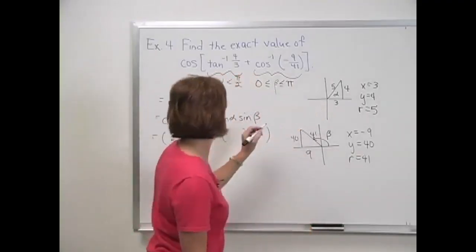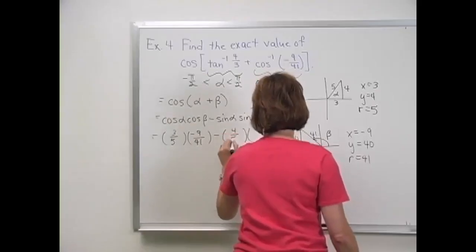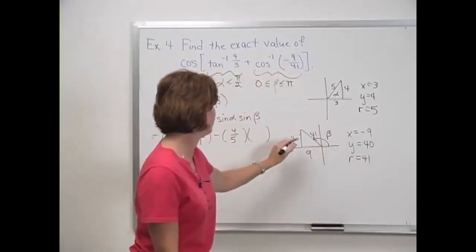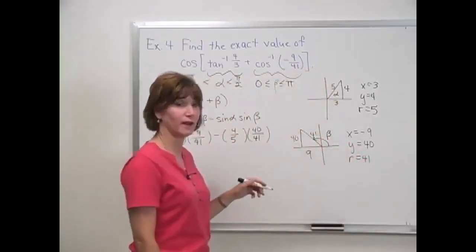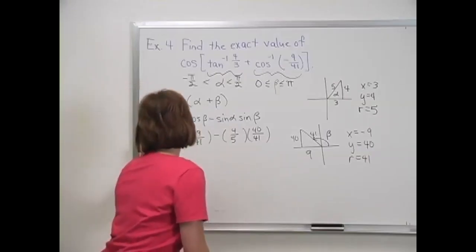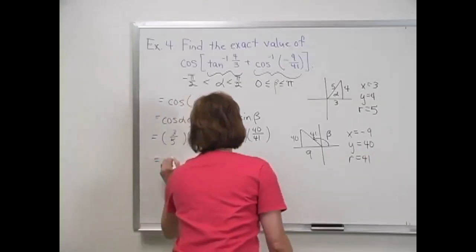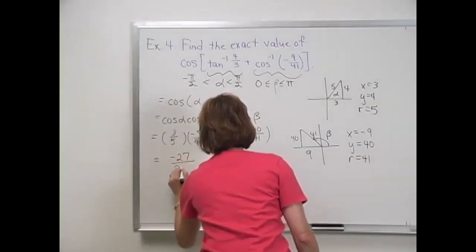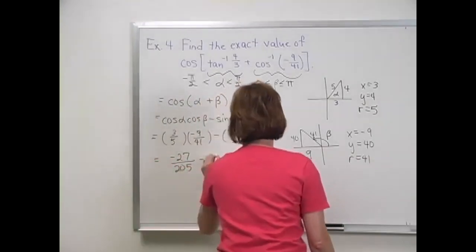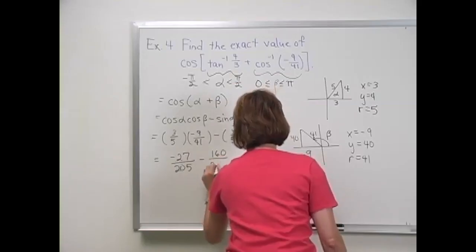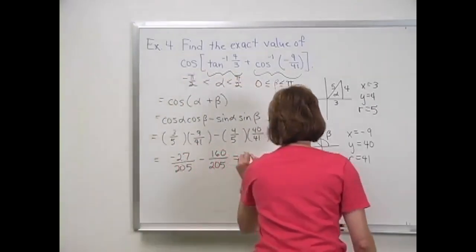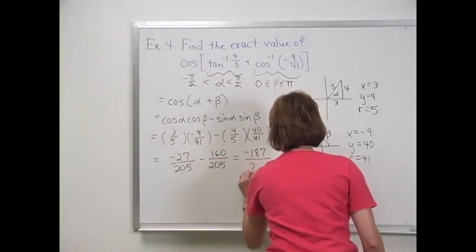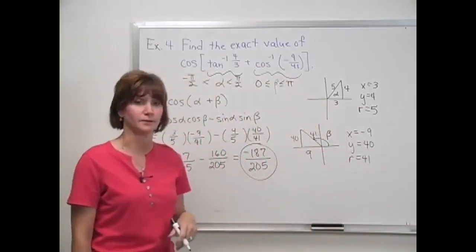Sine of alpha would be 4/5. And sine of beta would be 40 over 41. So now that we've plugged in our values, we simply determine these values. So that will give you negative 27 over 205 minus 160 over 205, which gives you negative 187 over 205 for our final answer.